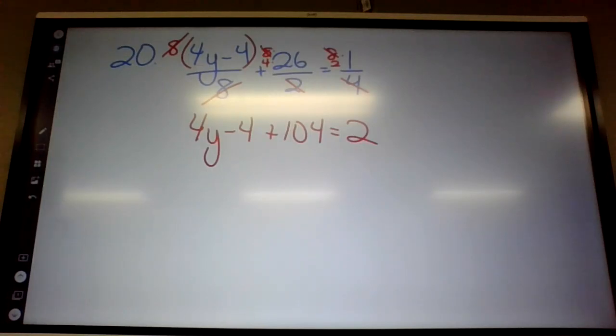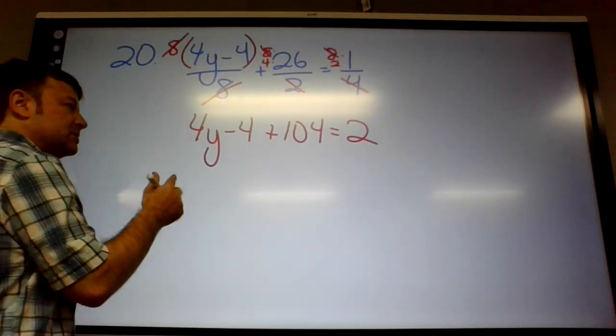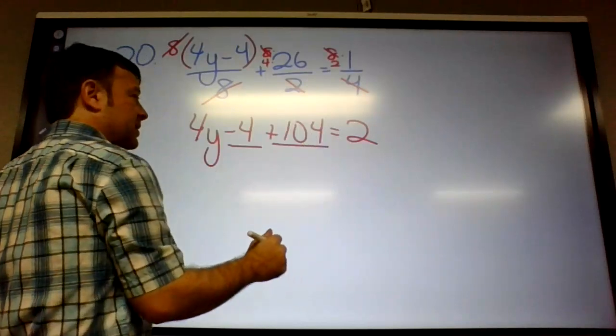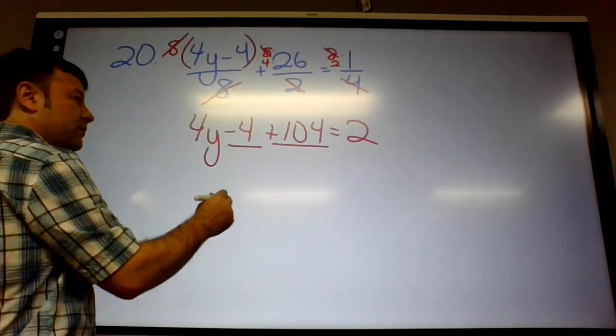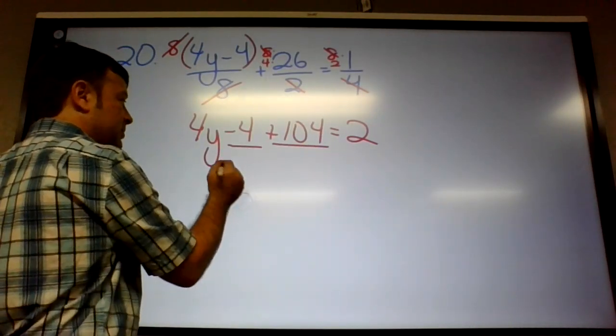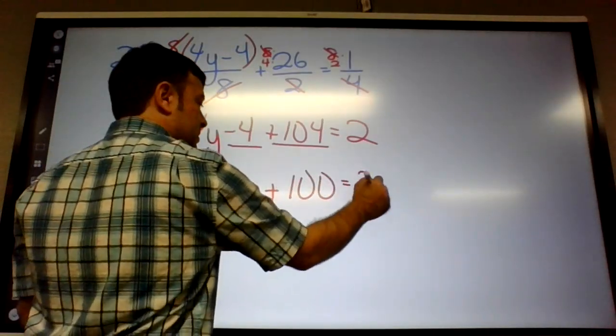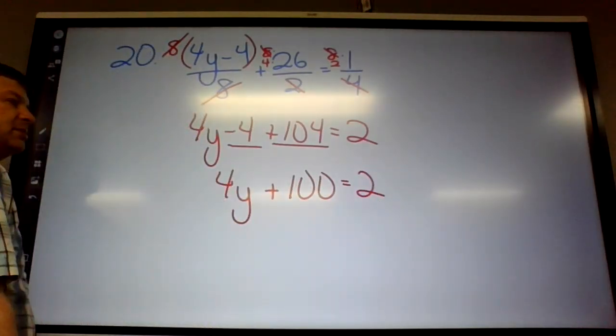Alright, what should I do on this? Simplify the left side, yeah. Negative 4 plus 104 is, whoops, 100. Now it's normal.